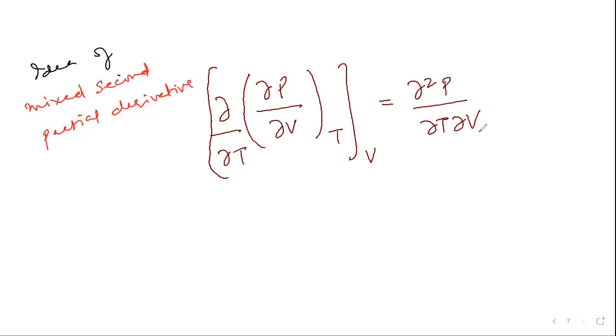Then the result, that is the first order derivative, is differentiated with respect to temperature, keeping volume constant. Now if you do that, you get minus R by V square. We get minus R by V square.